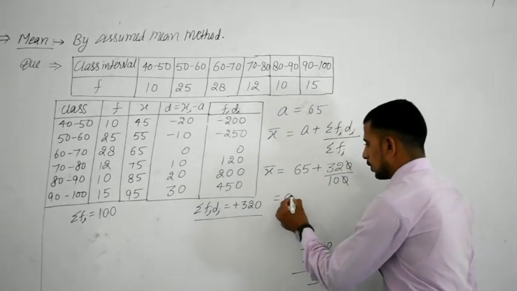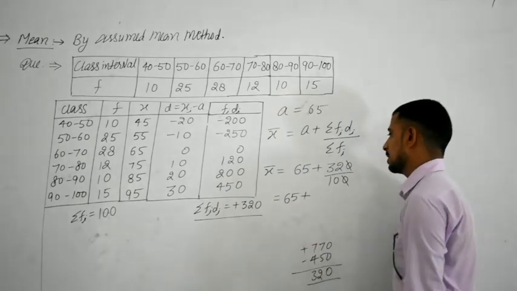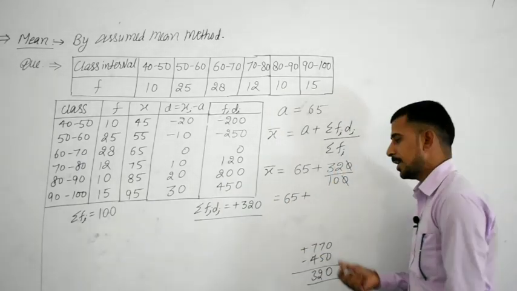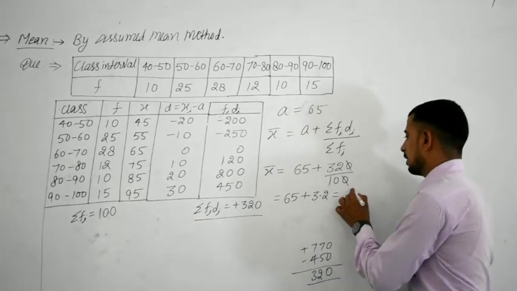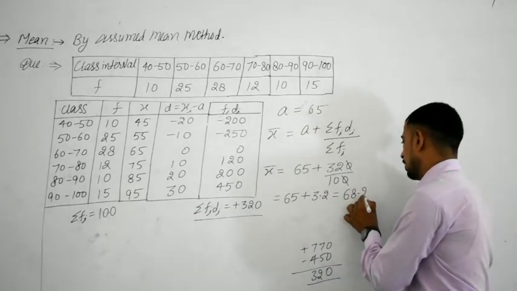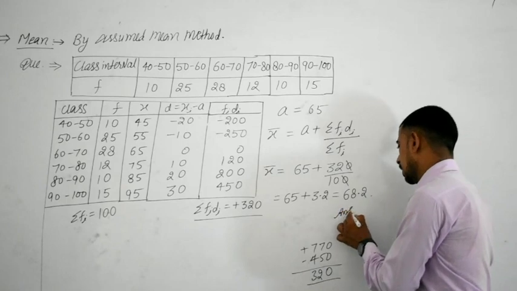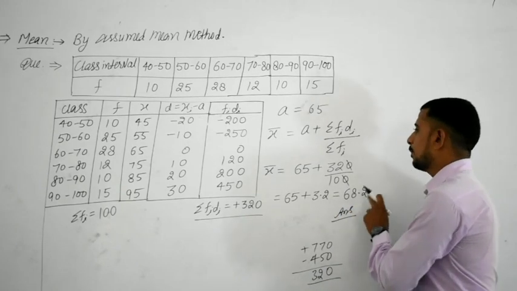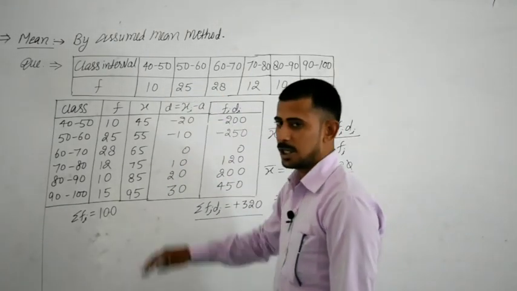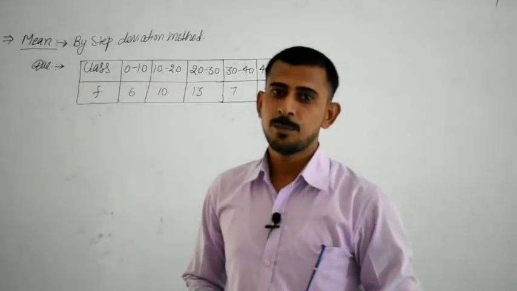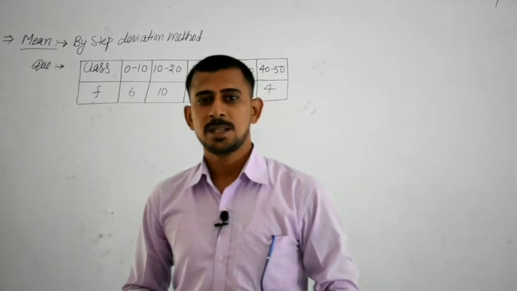Value is equal to 65 plus 32 upon 10, that is 3.2. After addition, 68.2 is the answer. 68.2 is the mean of this frequency distribution table by the assumed mean method.